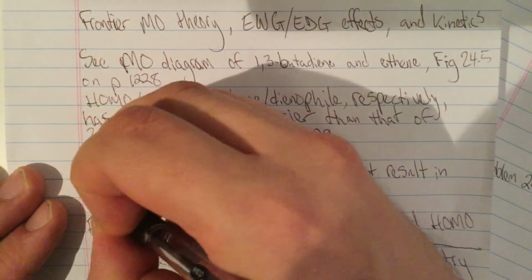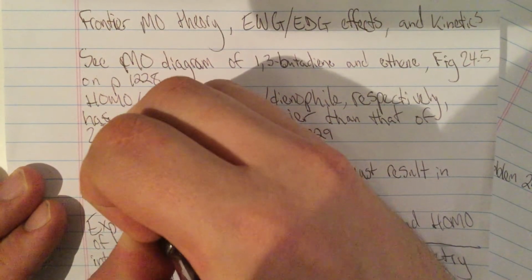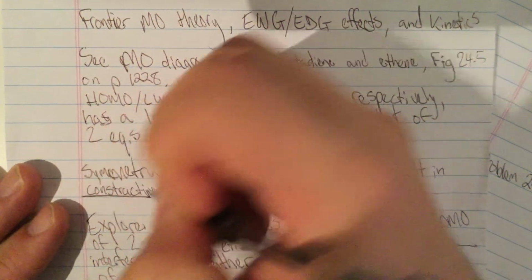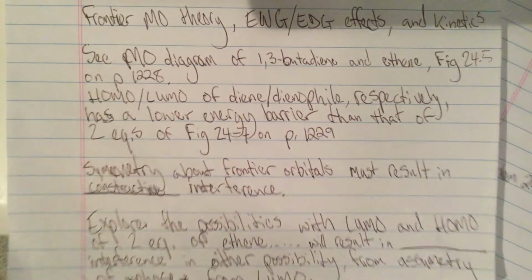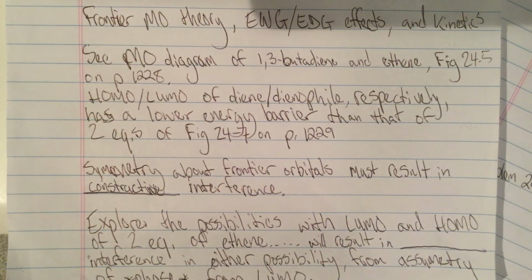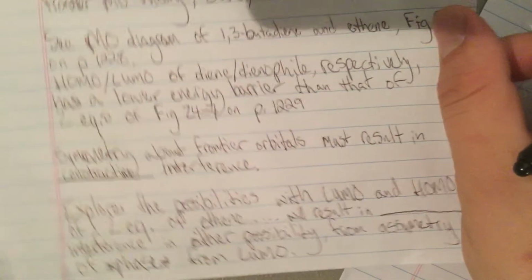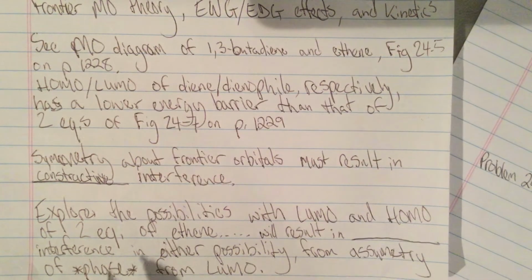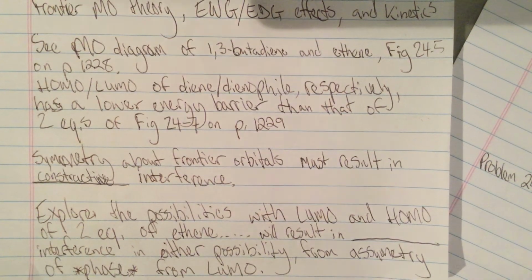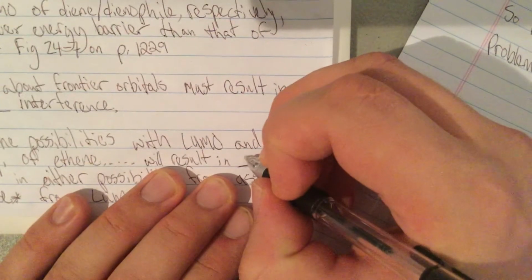So constructive. So taking two species and creating one is constructive. All right, so explore the possibilities with LUMO and HOMO of two equivalents of ethene. So you're going to result in destructive interference.